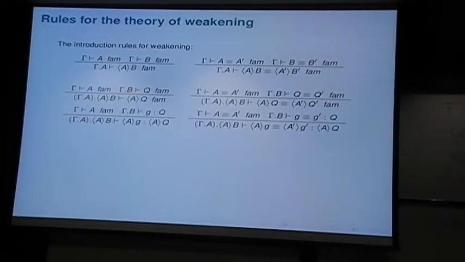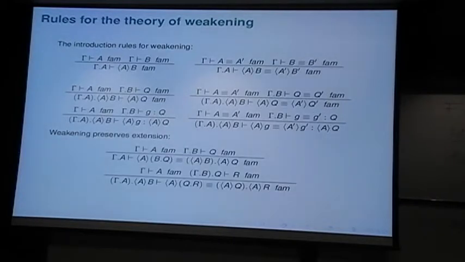If I have the Q, then the A weakened by Q is going to be a new family over gamma A dot B, but weakened by A. And likewise, if you have a term G of Q, then you get a term A weakened G of this weakened family. Okay? So there's these 3 things. And then weakening preserves extension, this is the rule.